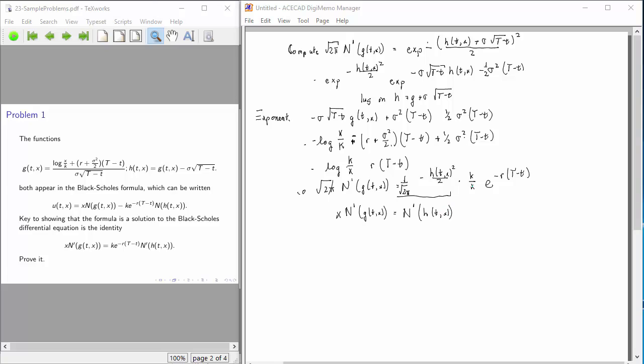We multiplied through by x. That gets rid of the x in the denominator, leaving just the k, e to the minus r times capital T minus little t, and we are done.